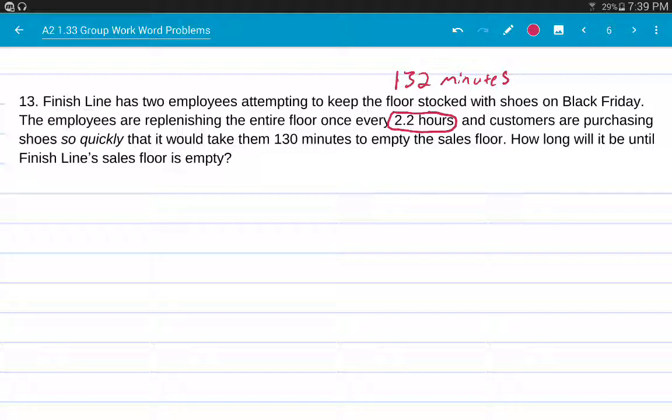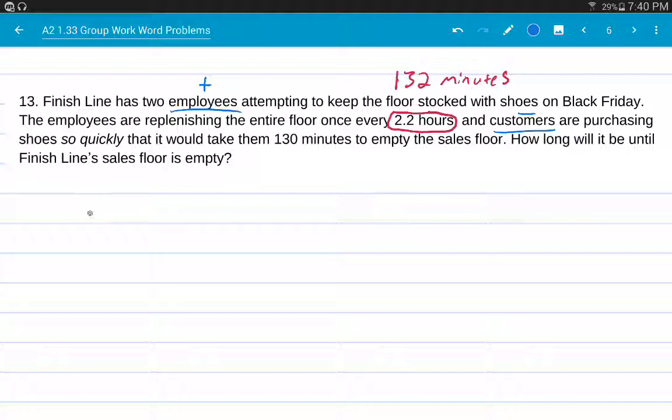Now, let's think about the relationship here. Finish Line, the employees are stocking the floor. That's positive. So the employees are positive. The customers are purchasing shoes so quickly that they can empty the sales floor. So the customers are negative. So let me think.